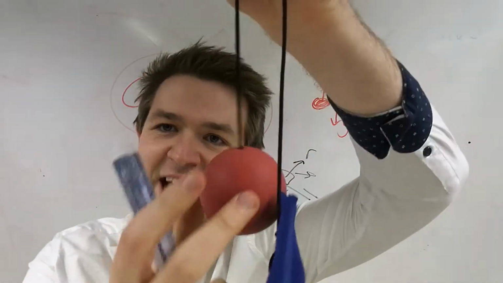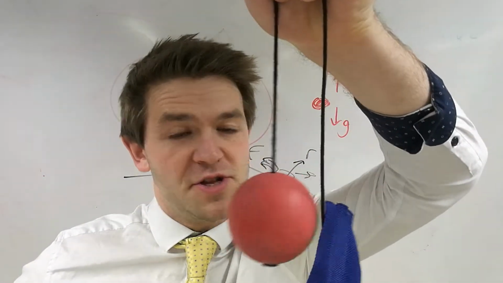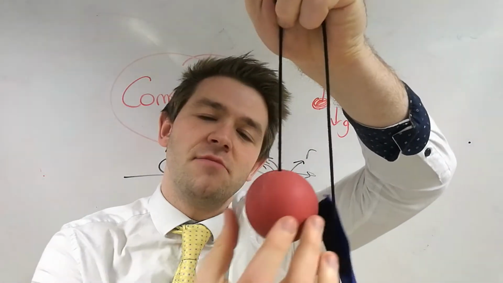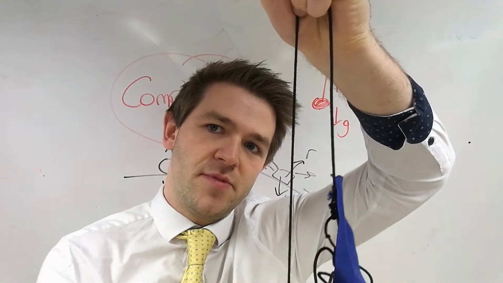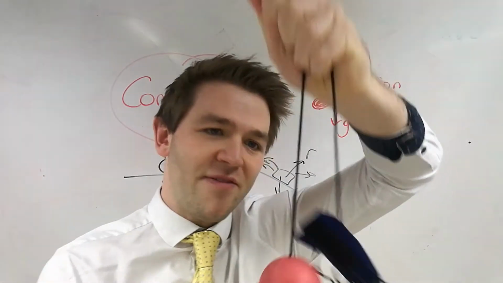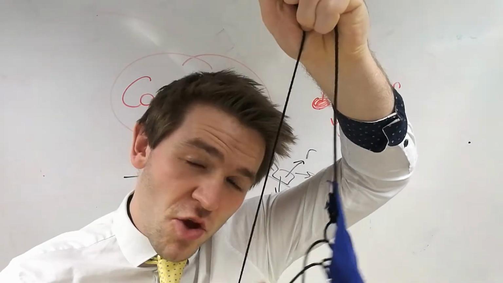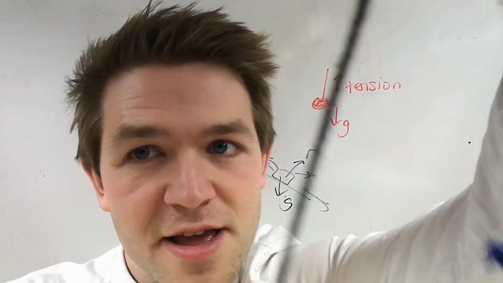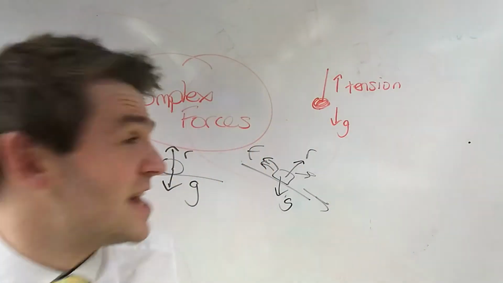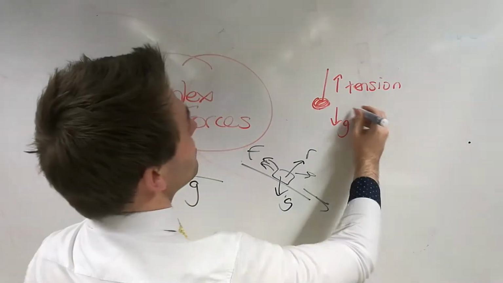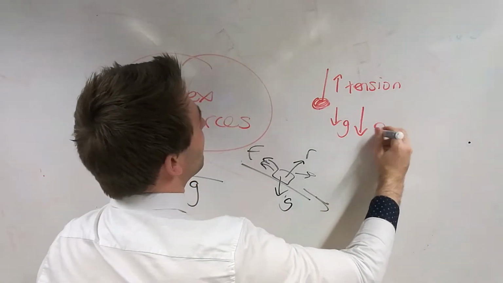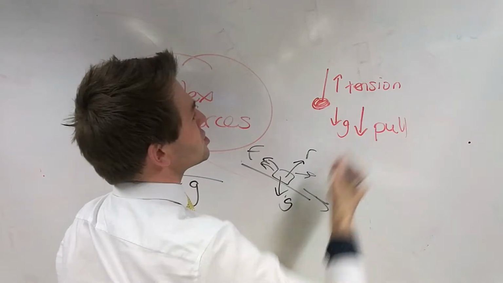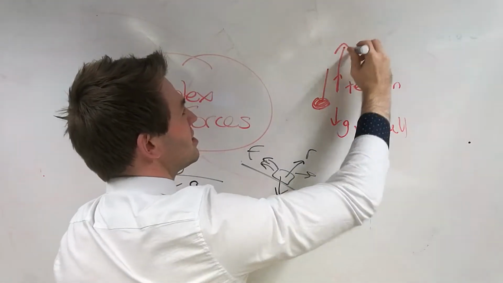This here gets tense. What I can also do is pull it down a bit, like so. If I pull it down, you can hear it, it gets very tense. So if I pull down here, I pull with more force, meaning this tension goes up.